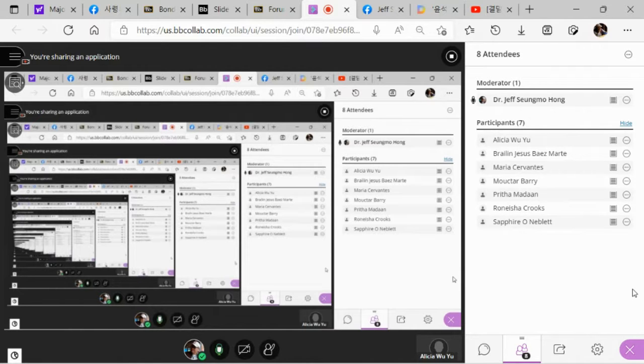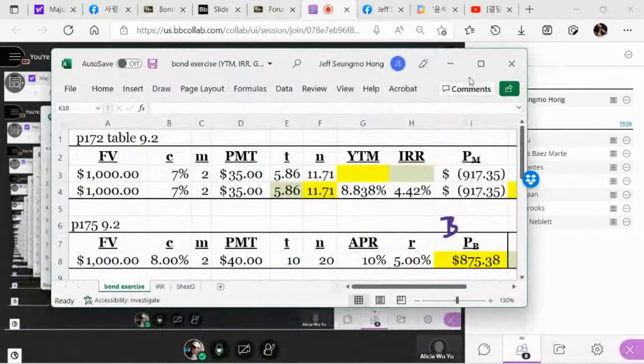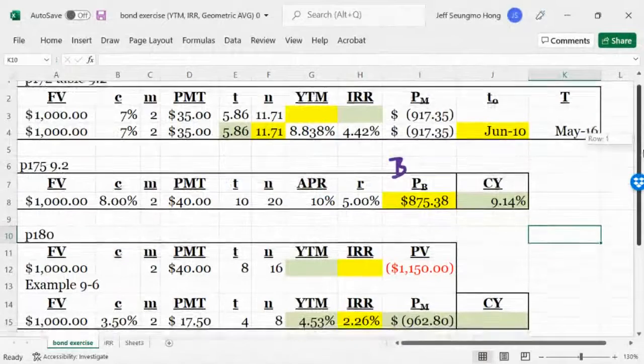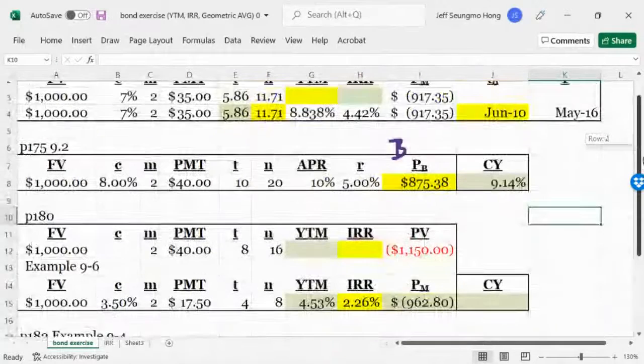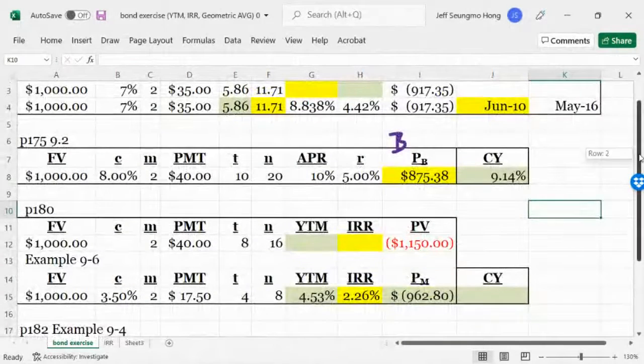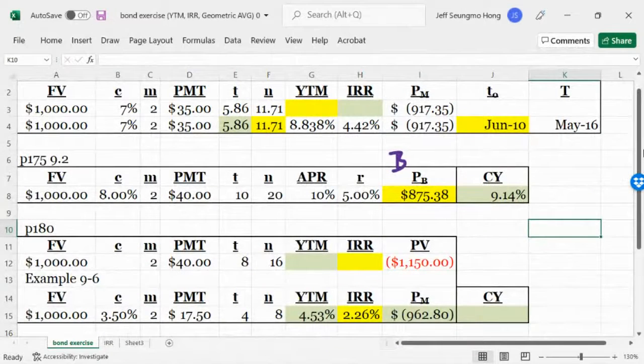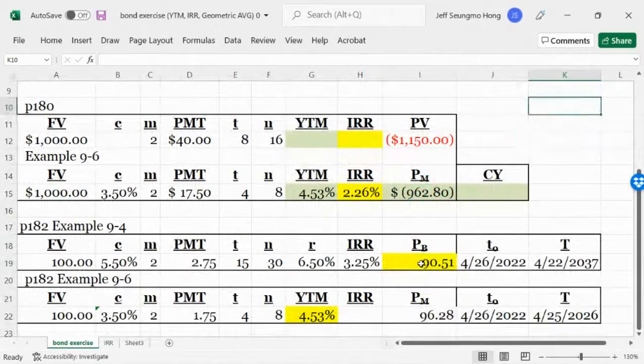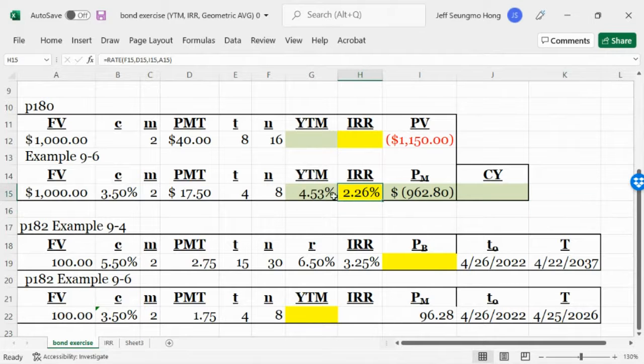I believe we did this example, and probably not the other ones. But let's do this.